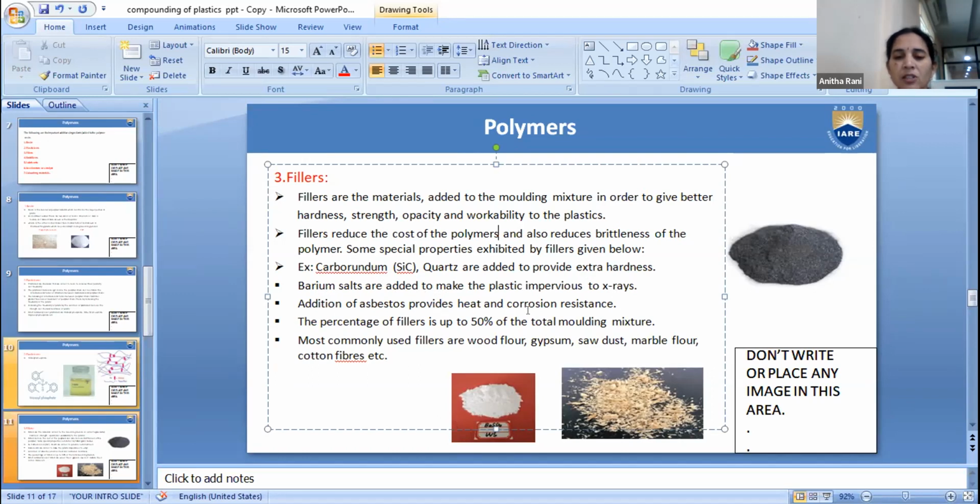Third, asbestos, resistant to heat and corrosion. And next, I have given some other examples: wood flour, gypsum, calcium sulfate, marble flour, cotton fibers. These are also examples of fillers.